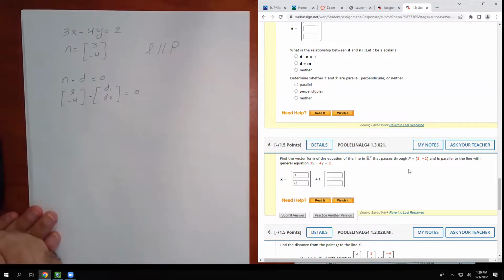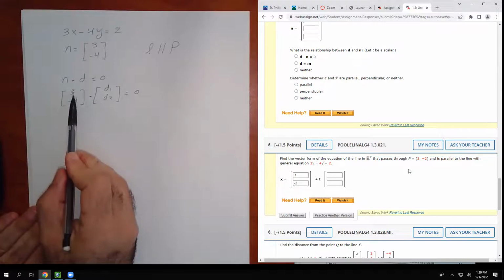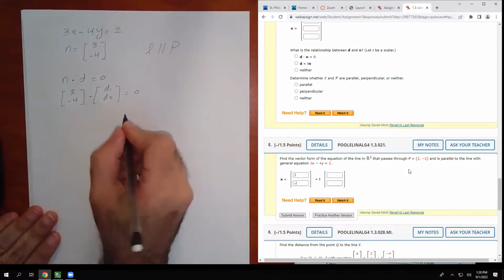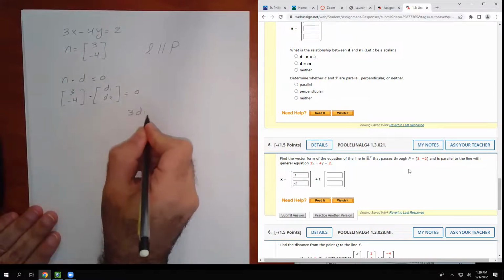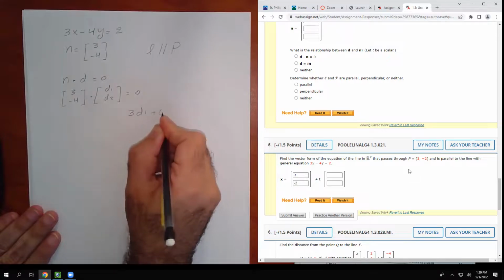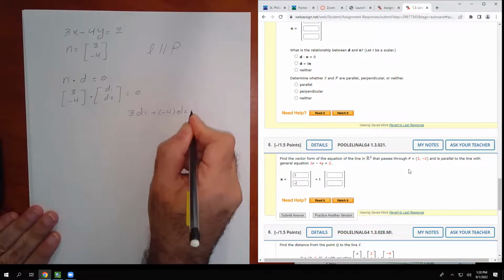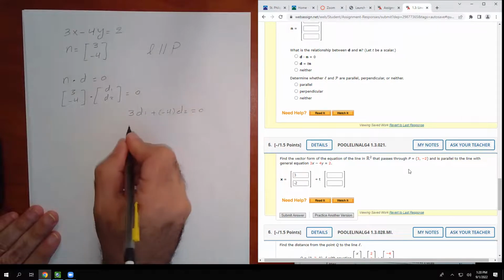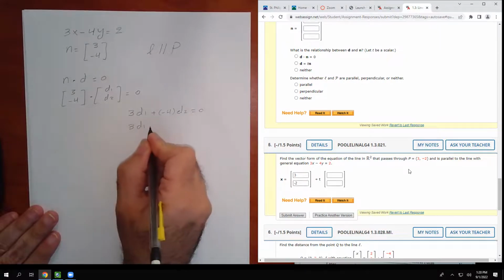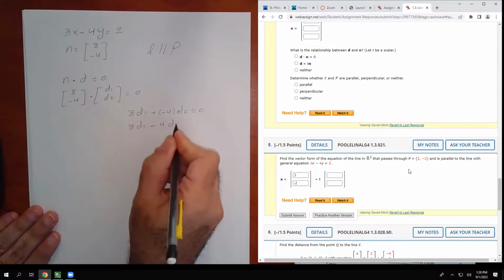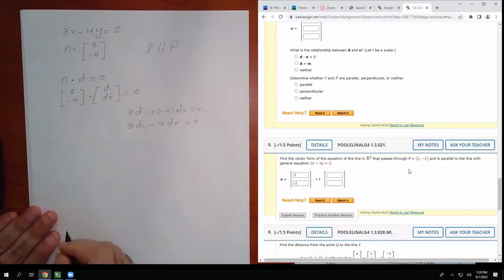I'm going to do the dot product. That means 3 times d1 plus -4 times d2 equals 0. 3 d1 minus 4 d2 equals 0.